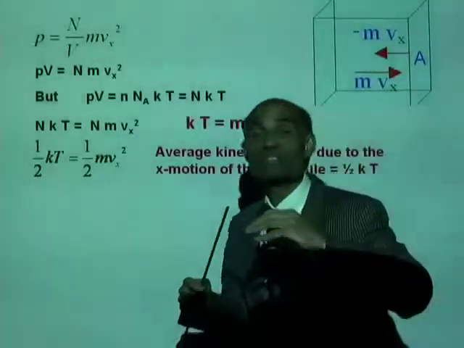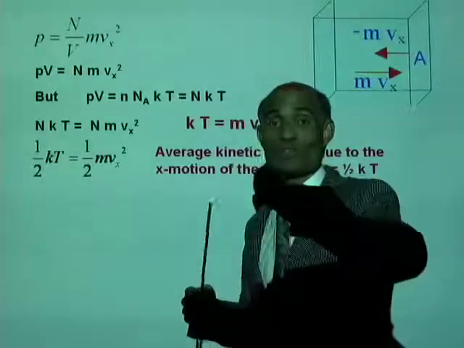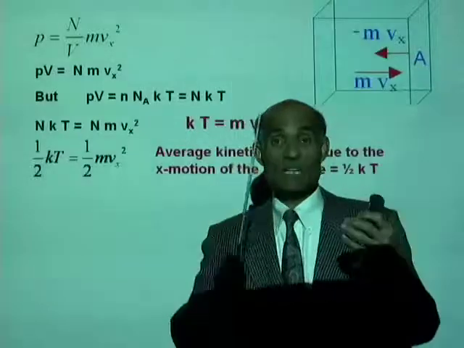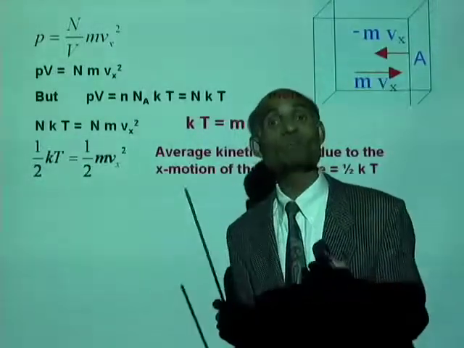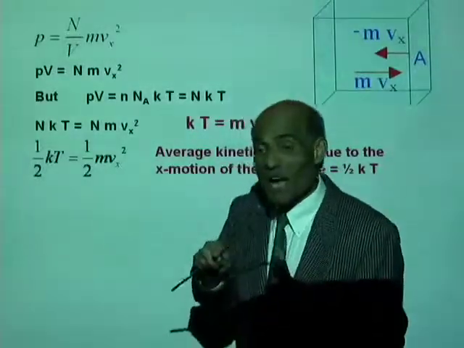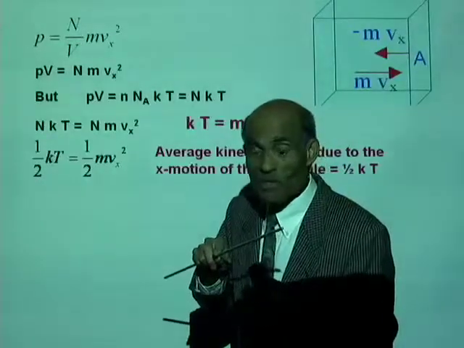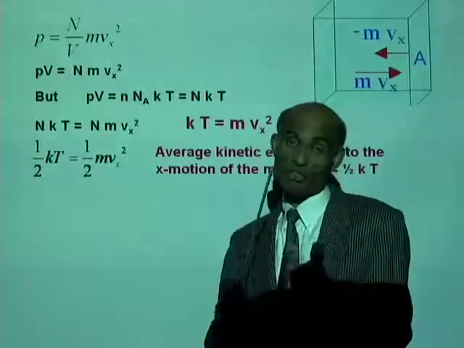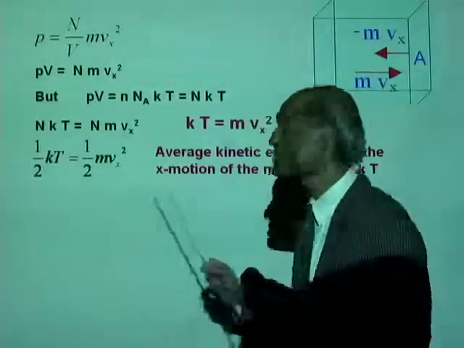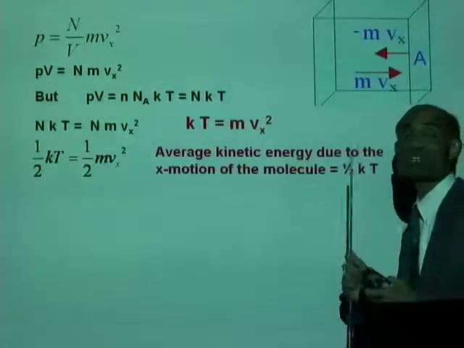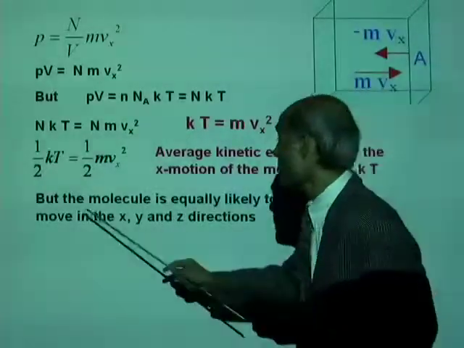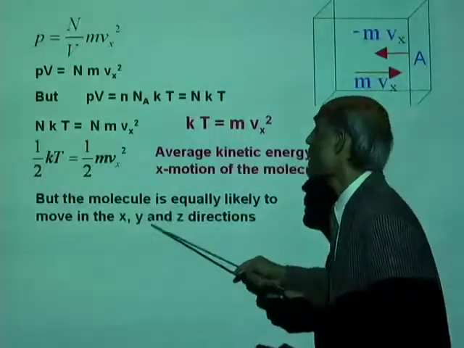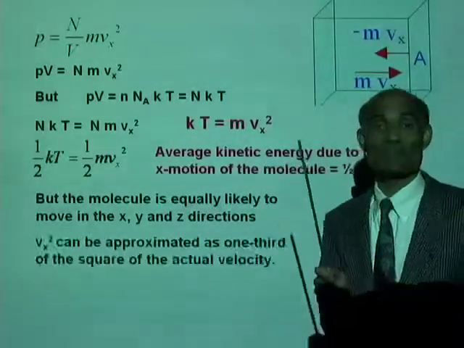All right. Average kinetic energy due to the x motion equals 1/2 kT. That means average energy due to y motion also will be 1/2 kT. Average energy due to z direction motion also will be 1/2 kT. Each of these motions will give an energy of 1/2 kT. But the molecule is equally likely to move in the x, y, and z directions.